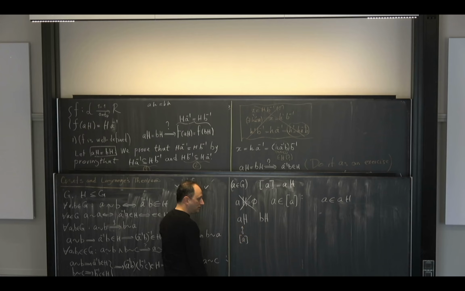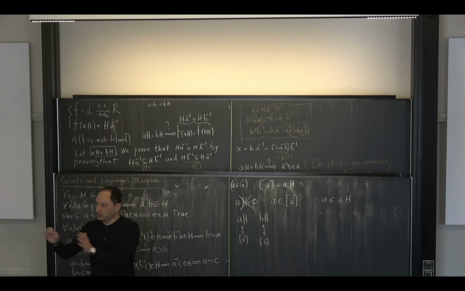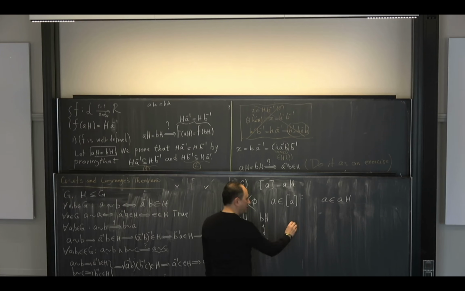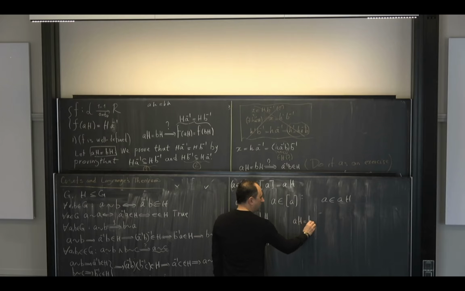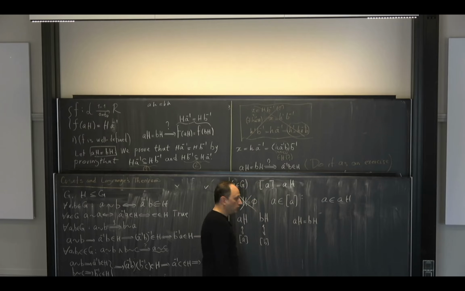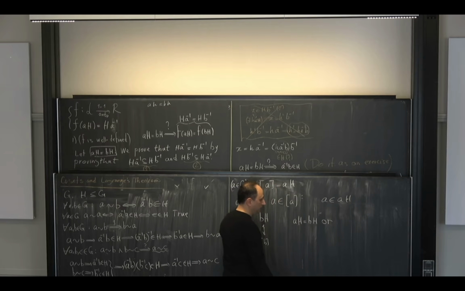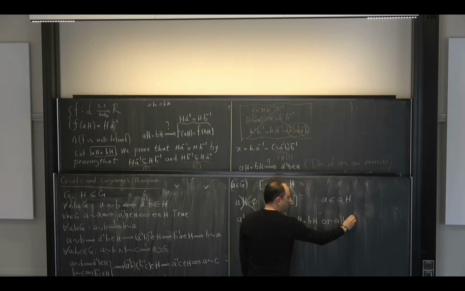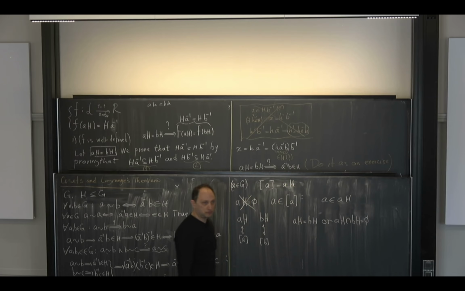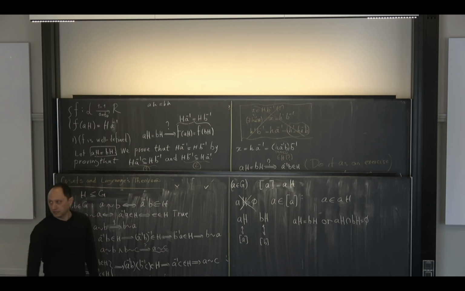Do you remember what the situation was? They are either equal or they don't have anything in common. So the same thing happens for these. So I can say that AH is either equal to BH, or, can you complete it for me? Or AH intersect BH is empty. Okay? Exactly.